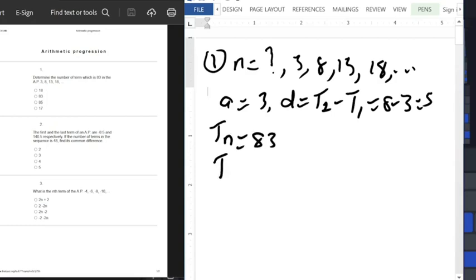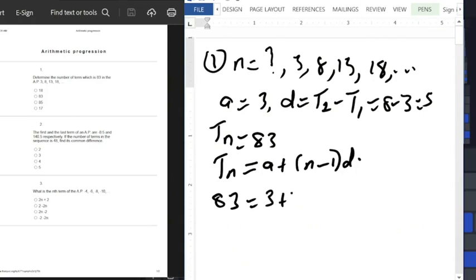So the nth term formula for AP is Tn equals A plus n minus 1 times d. Tn is given as 83, which equals 3 plus the unknown number of terms minus 1, times the common difference 5.